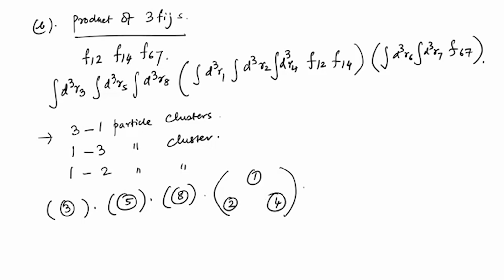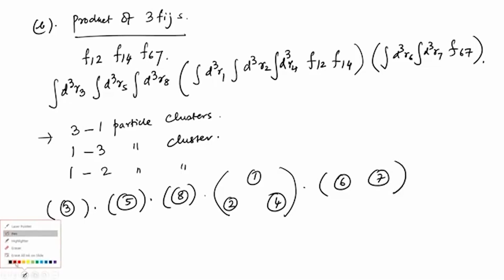We will write that connection, and we also have 6 connected to 7. So, let me write down those connections. There is a connection here, here, and here. So, this 3 particle graph can be written as, for example, this one is the 3 particle graph.